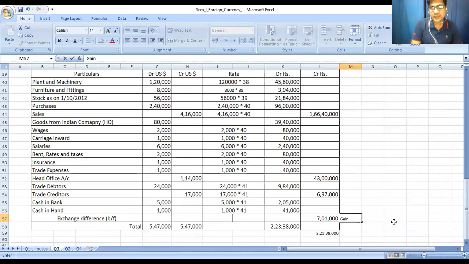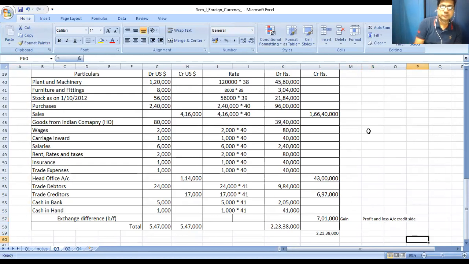This gain will be transferred to the profit and loss account, credit side.